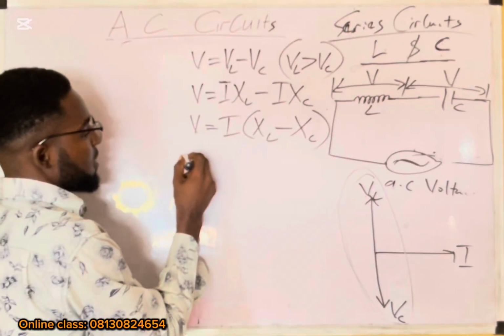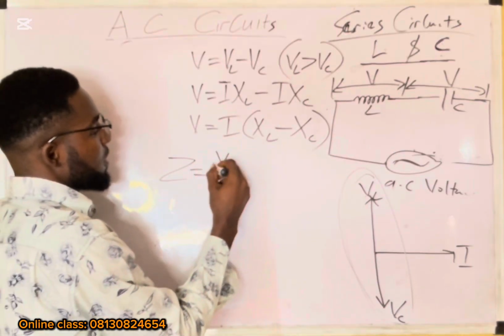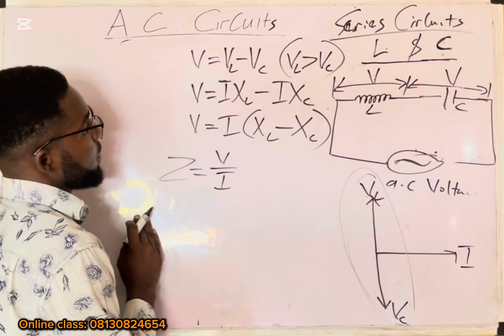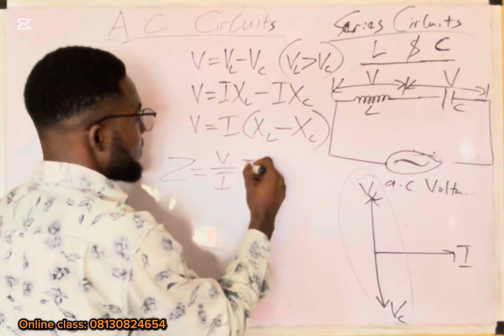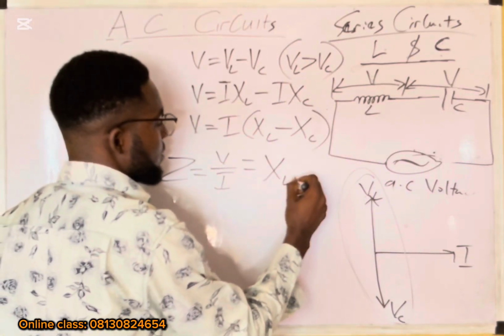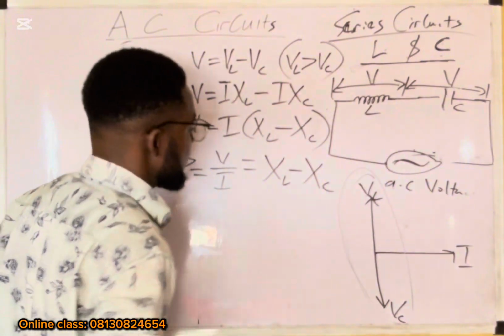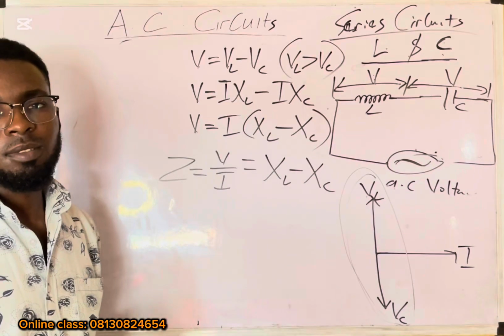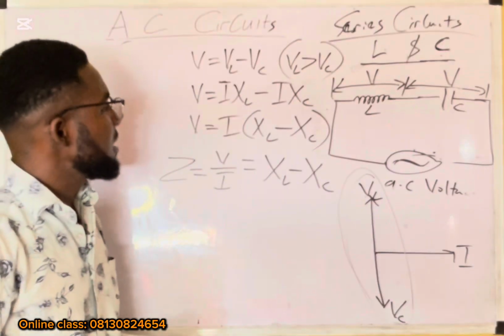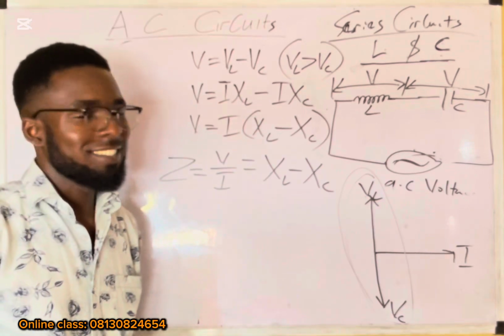So the impedance, Z, is equal to V over I, which is equal to X subscript L minus X subscript C. You can see how easy it is.